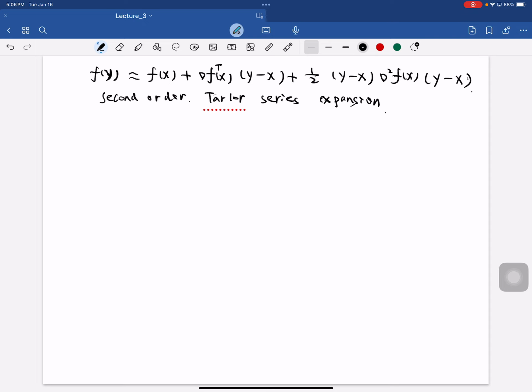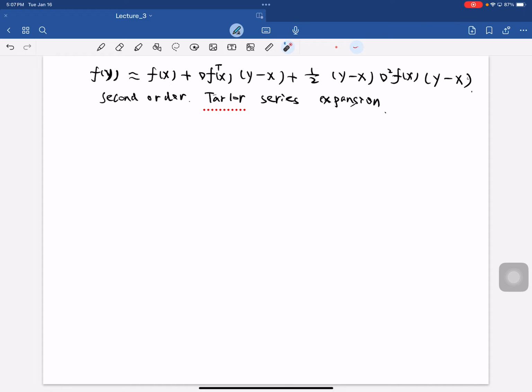If you have already forgotten about that, take a look at your calculus textbook. I'm sure that this is something your calculus professor will keep covering throughout the semester. The first term is the gradient. The second order term is like the Hessian of this function f(x).